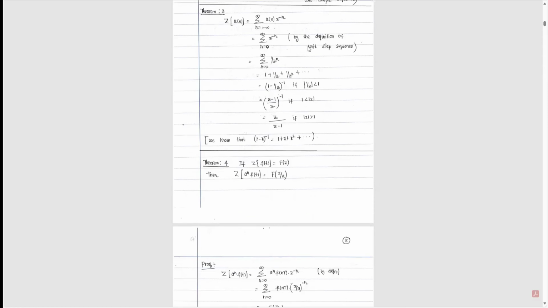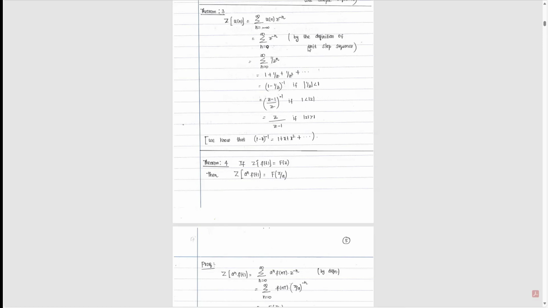Next theorem is the Z transform of u(n). So now in place of x(n) or f(t), we are using u(n). By definition, if n is greater than or equal to 0, its value is 1. Got it? Yes, ma'am, we have it in the definition.